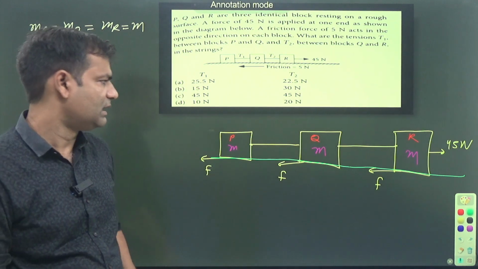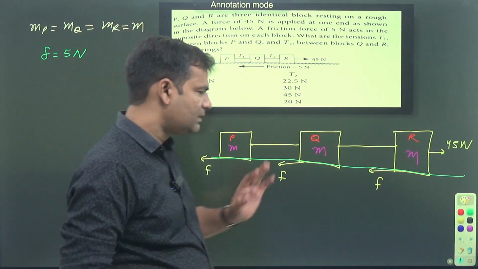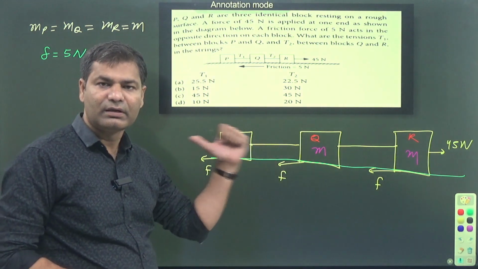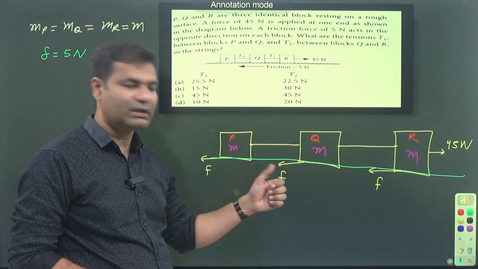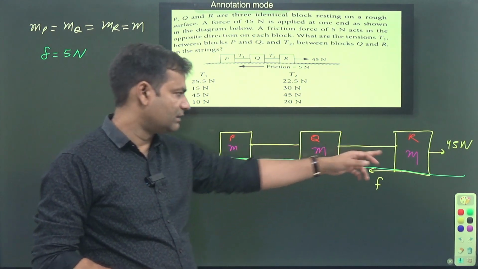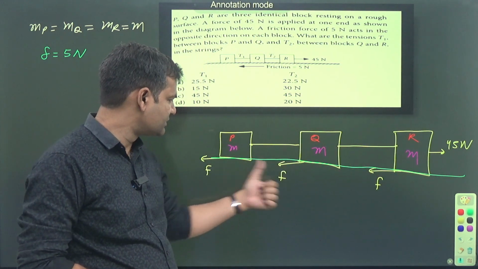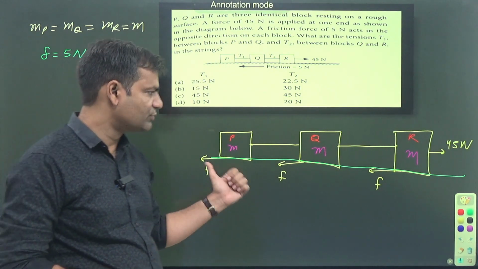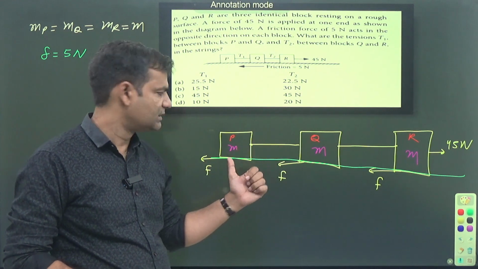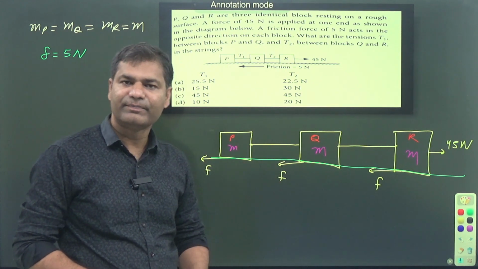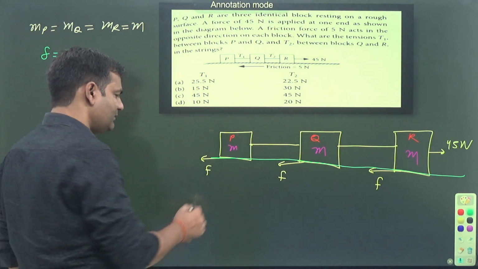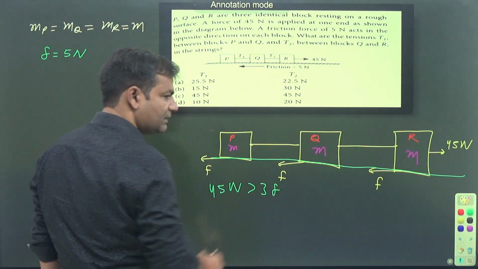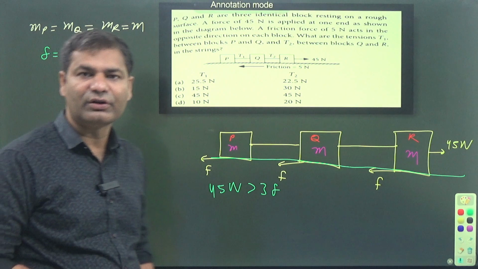At that time the total force is 45 Newton, and the total opposing force, the maximum force in the direction opposite to the applied force, is F plus F plus F, that is 3F. If 45 Newton is greater than 3F, then motion is allowed, otherwise motion is not allowed.